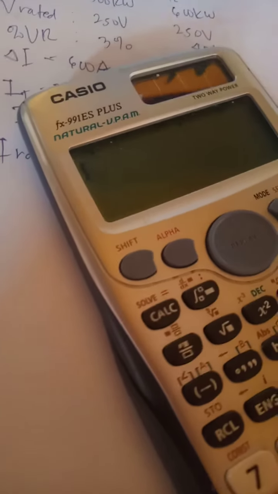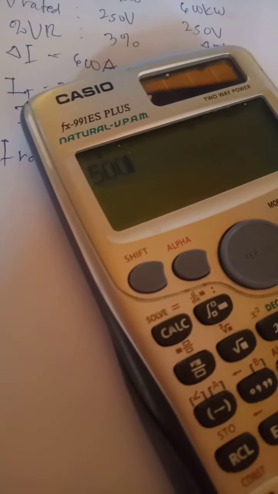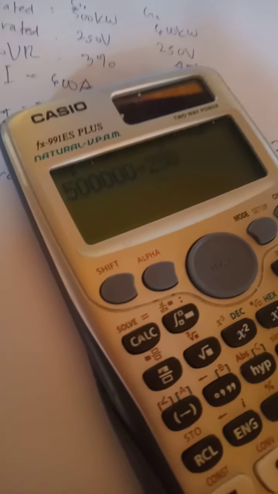To get that, for the first generator, P_R1 over V_R1 is equal to 500 kilowatts over 250 volts, and that's equal to 500 times 10^3 divided by 250, that's 2,000 amperes.